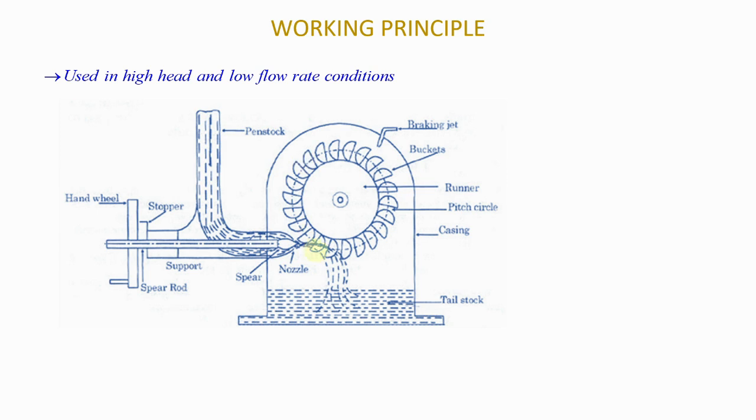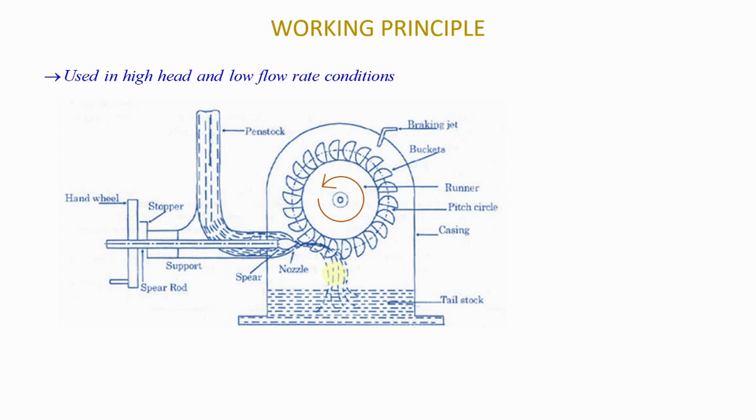I hope this is easy to see. And so this wheel, together with the buckets that are mounted on it, will be rotating in the anti-clockwise direction because of this jet of water that is coming from left to right. Okay, and so that is quite important to be able to see.